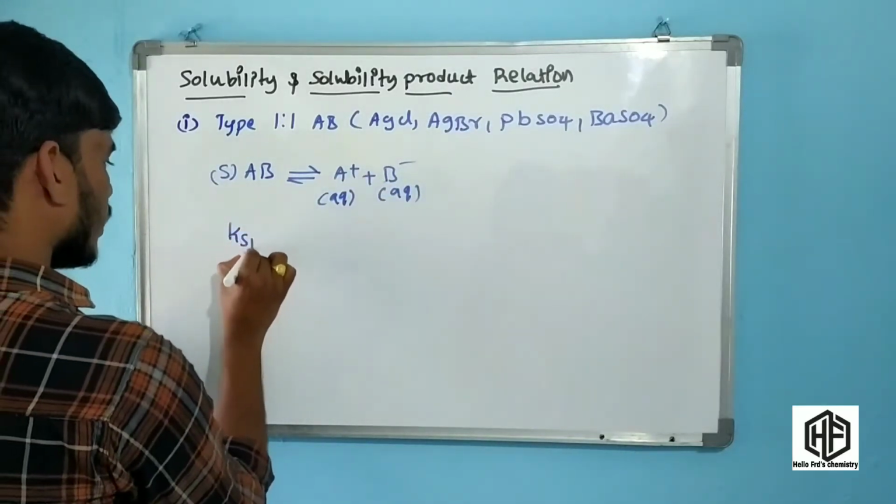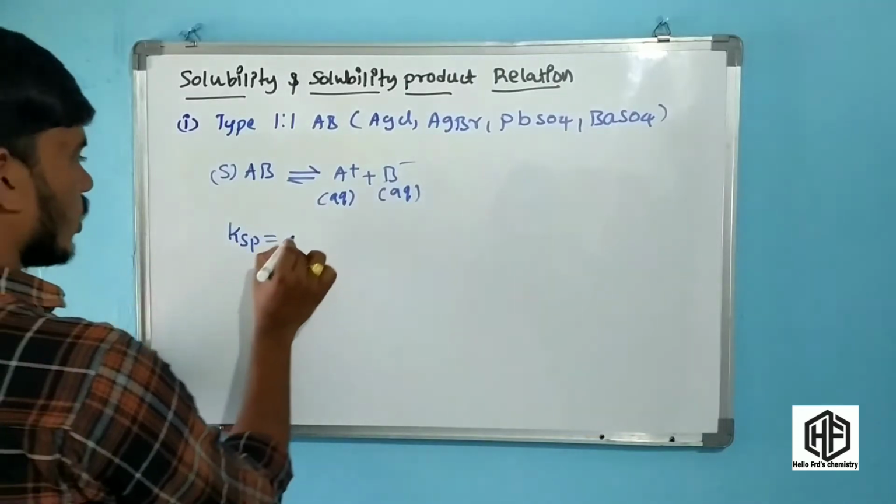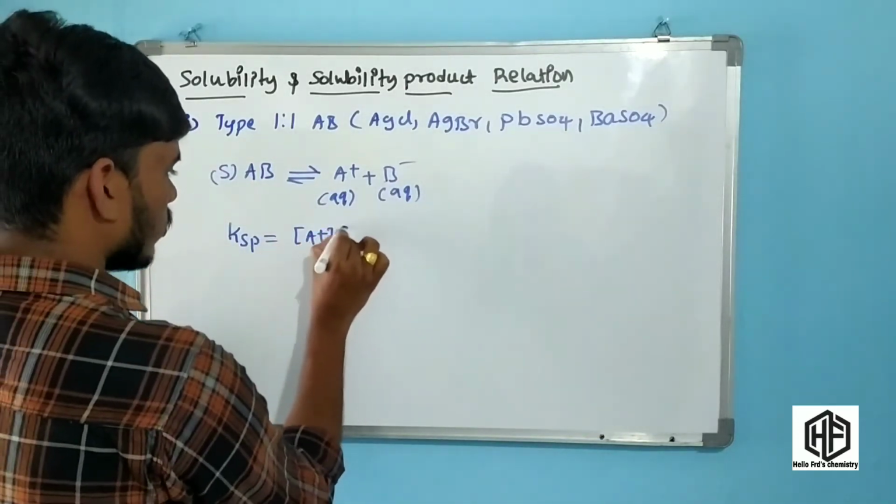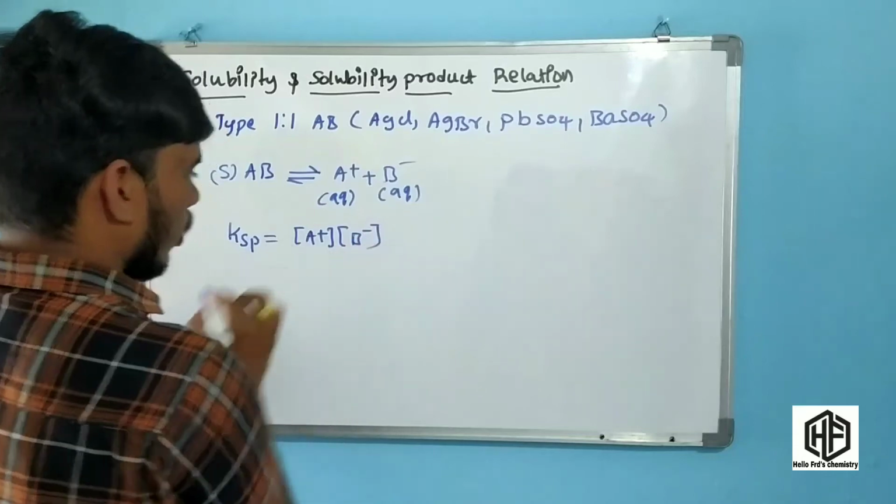Now Ksp, the solubility product, is the concentration of A plus times the concentration of B minus.